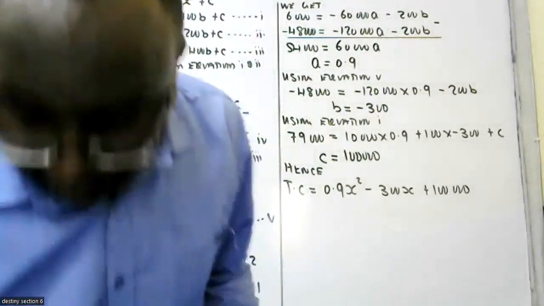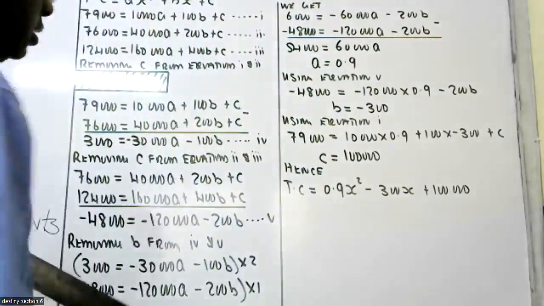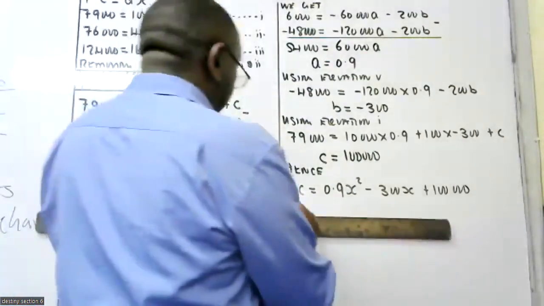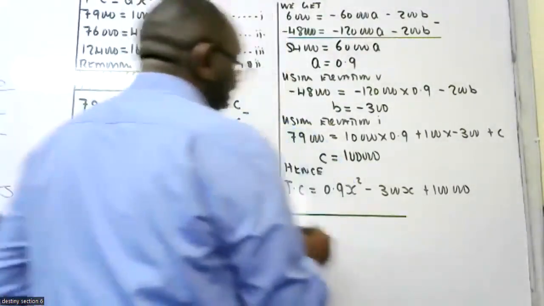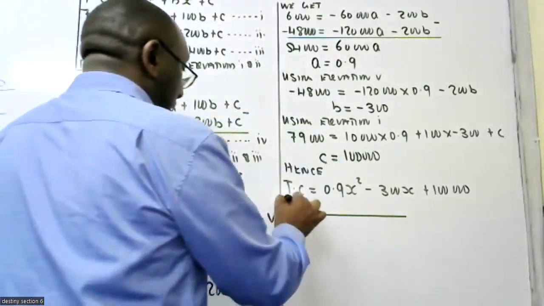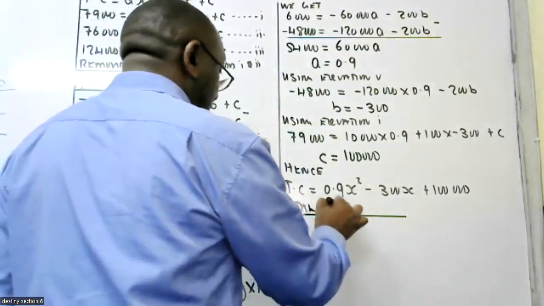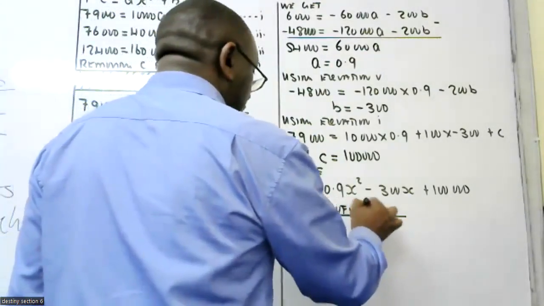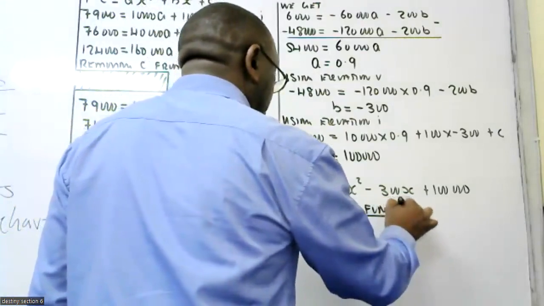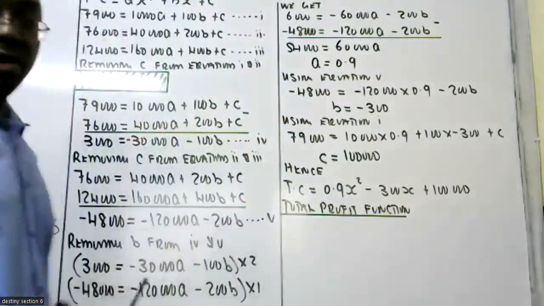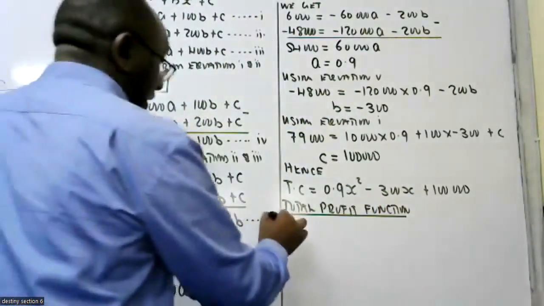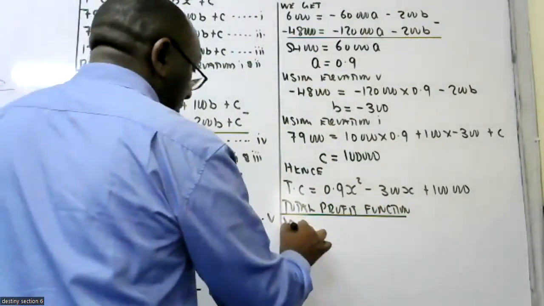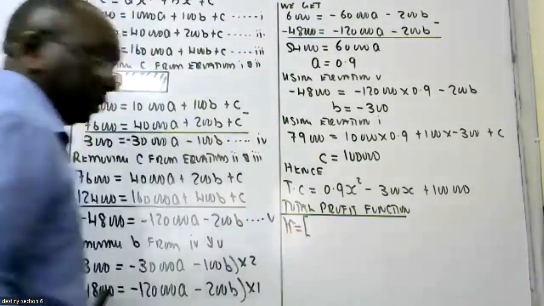Profit maximizing output. So what we shall do now is to say total profit function. Profit is revenue minus the cost.